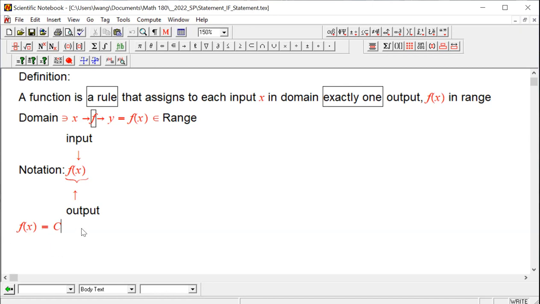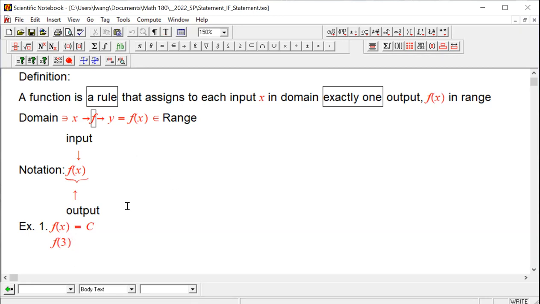Now, once the rule is spelled out, this is example number 1. Let's find the value of f of 3.